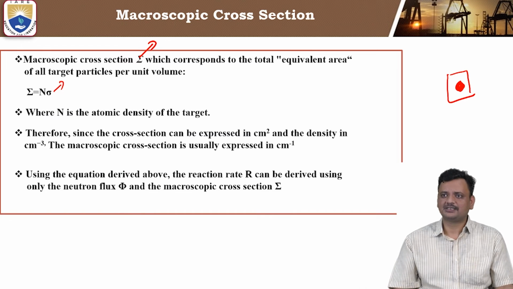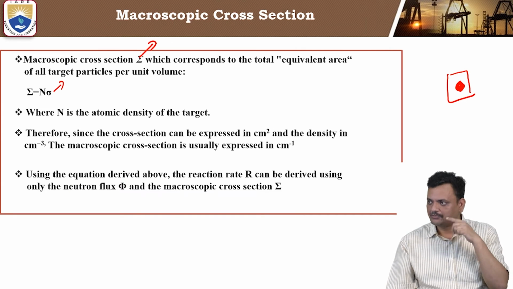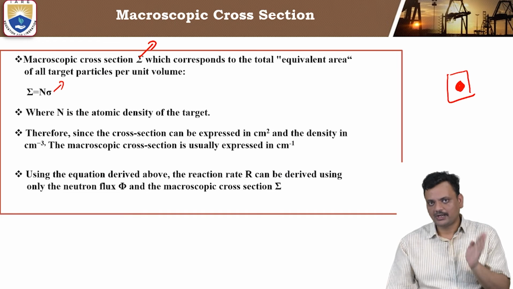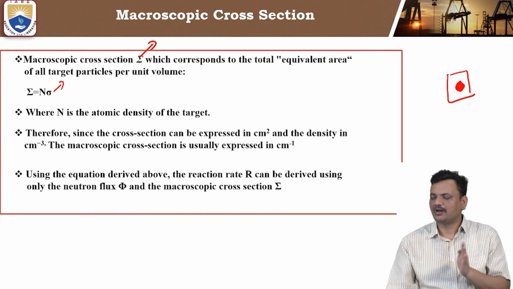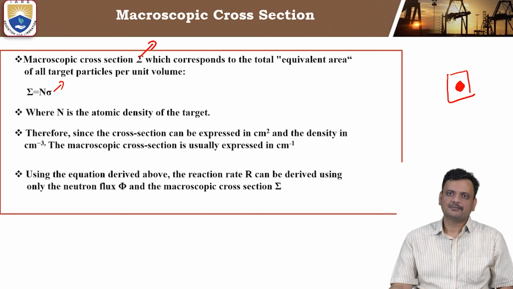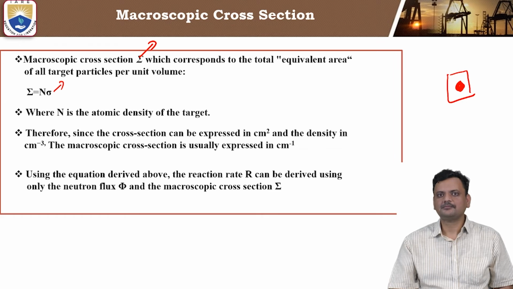What is sigma? Sigma is your total cross section for one nucleus. So per unit volume there are N nuclei, so the total cross section is N multiplied by sigma, and that thing is denoted by summation.